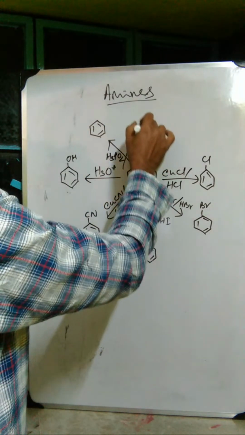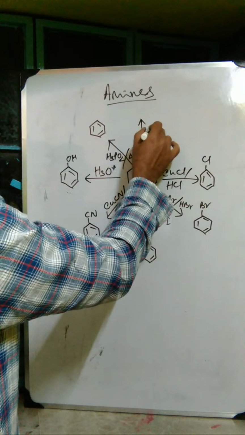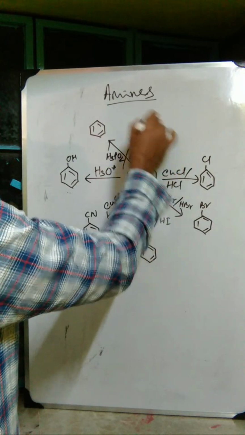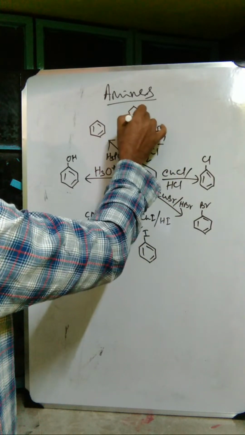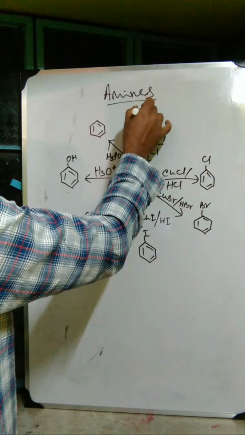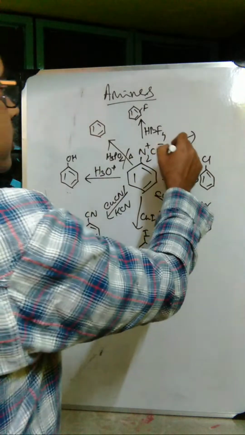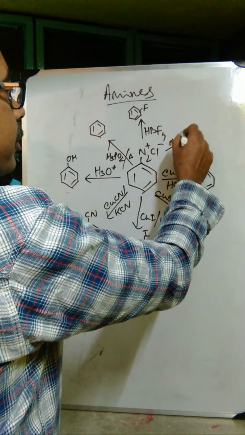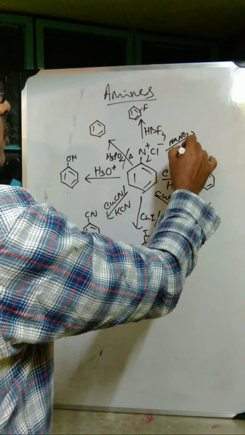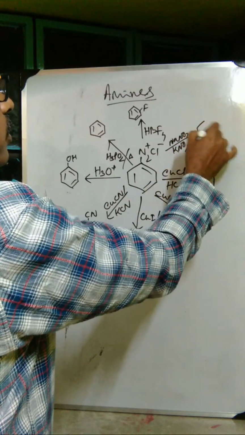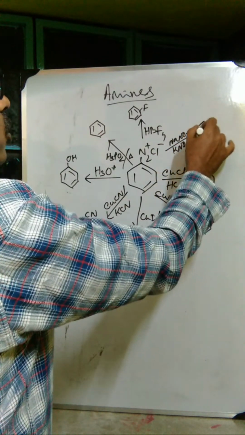If you give HBF4, you will get fluorobenzene. If you give a mixture of sodium nitrate and potassium nitrite, you will get nitrobenzene.